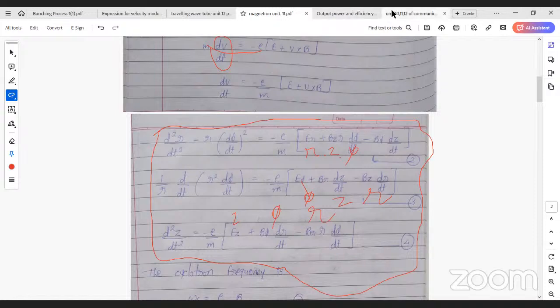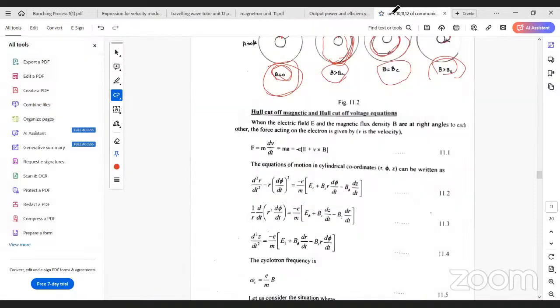The same three equations are given again here. The first: d square r by dt square minus r times (d phi by dt) whole square equal to minus e by m times (E_r plus B_z r d phi by dt minus B_phi dz by dt). Another equation: 1 by r d by dt of (r square d phi by dt) equal to minus e by m times (E_phi plus B_r dz by dt minus B_z dr by dt).